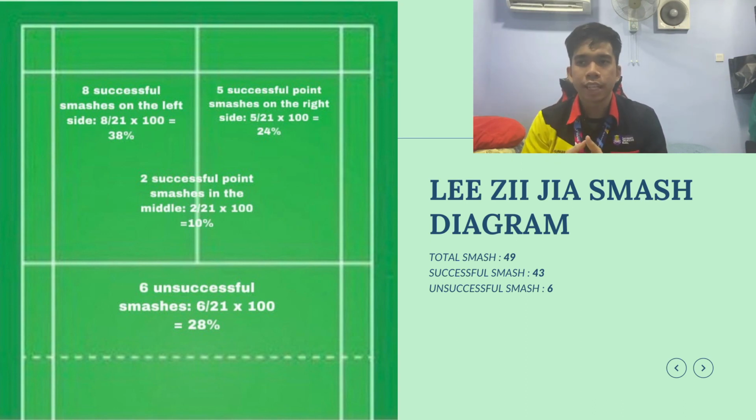For the left side, it is 38% of successful smashes. On the right side it is 24% of successful smashes, while in the middle of the court, it's only 10% of successful smashes. While for unsuccessful smashes, there are 6.